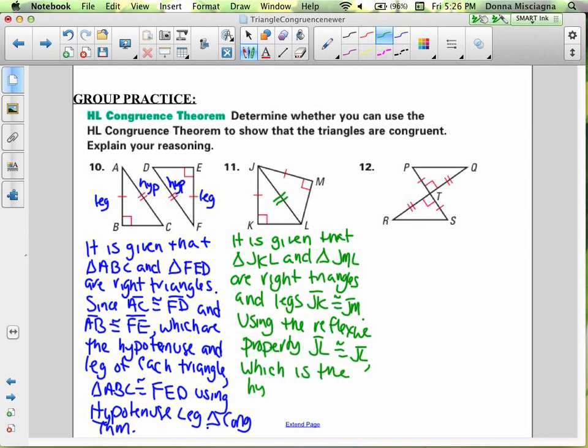The hypotenuse of each triangle. All right, so therefore, I'm just going to use the mathematical symbol for therefore. Therefore, triangle JKL is congruent to triangle JML.